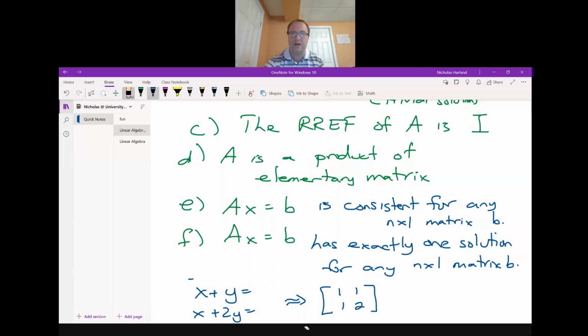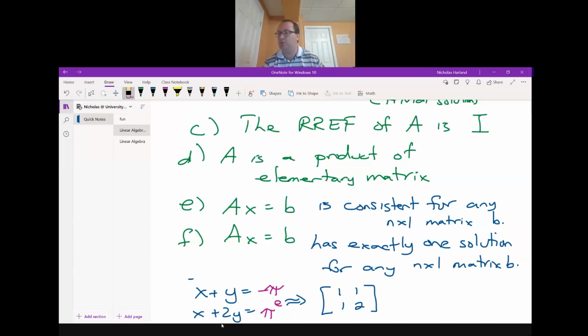If I replace 5 and 7 with 3 and 10, or with negative pi and pi to the e, or, if you're comfortable with complex numbers, with complex numbers, this system will always have one and exactly one solution. And that's what these other properties are.